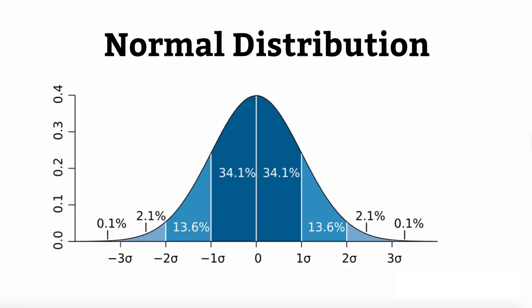Now this is really important because this is how an efficient market distributes its returns. So basically what you have here is that most of the returns are probably somewhere around even or par, and that's basically what this zero line here is.